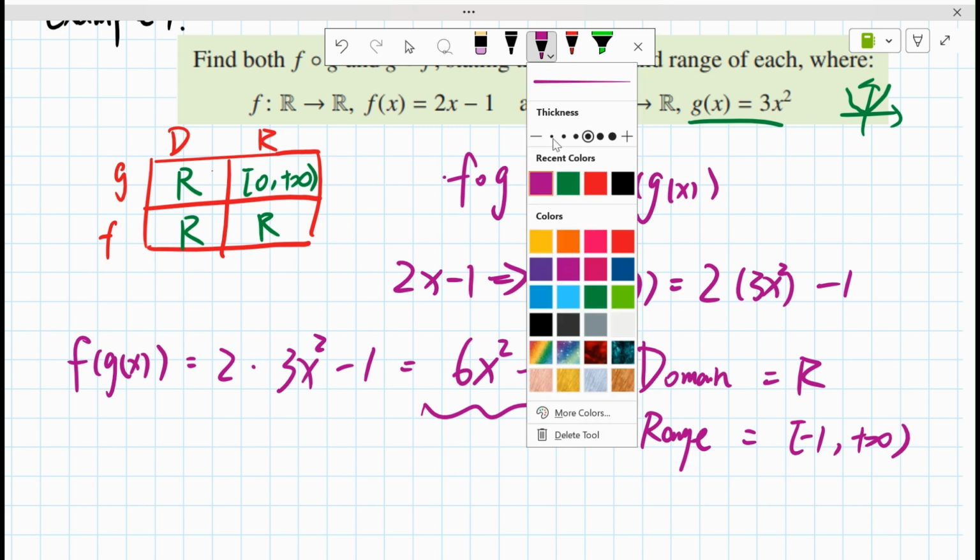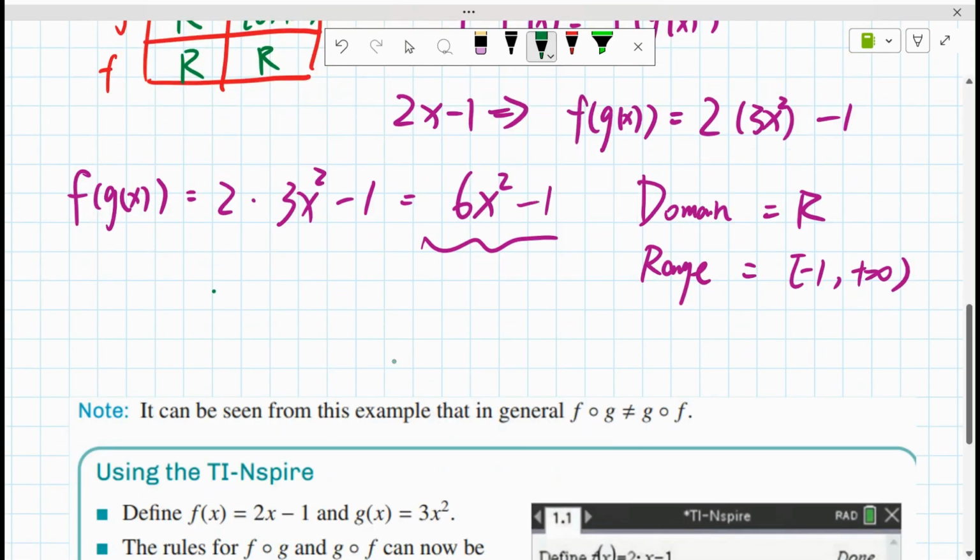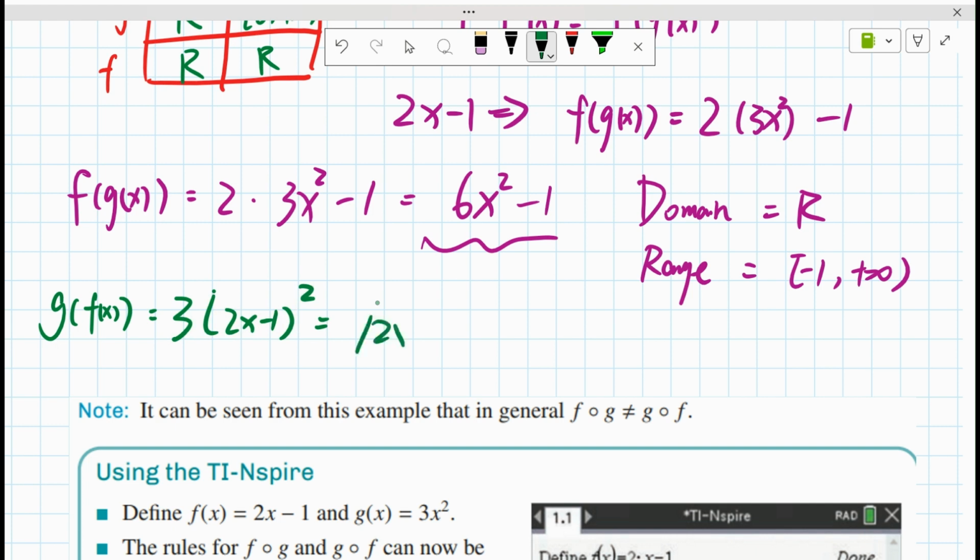All right, and then we do the other way, g of f(x). That is 3 times (2x minus 1) squared, which equals 12x squared minus 12x plus 3.